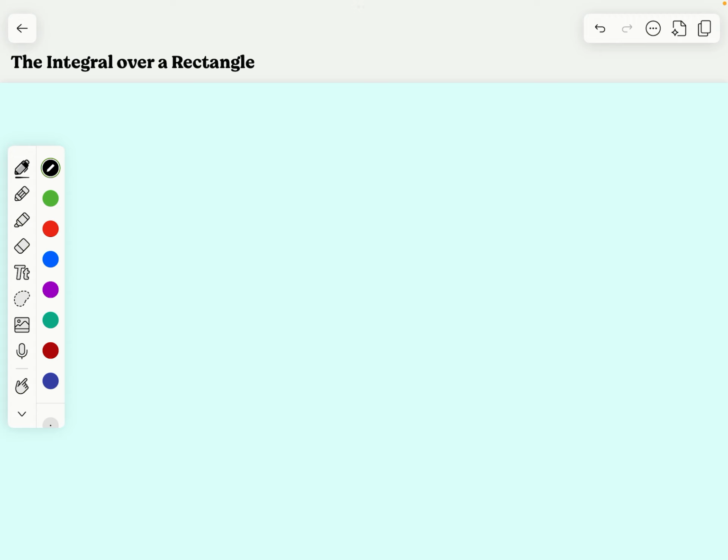In this video, we're going to give a rigorous definition of the integral of a real-valued function over a rectangle. A rectangle being a box in Rn.